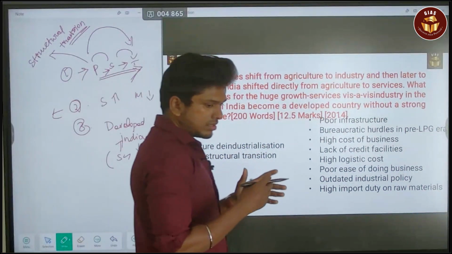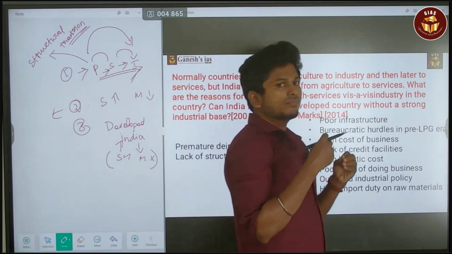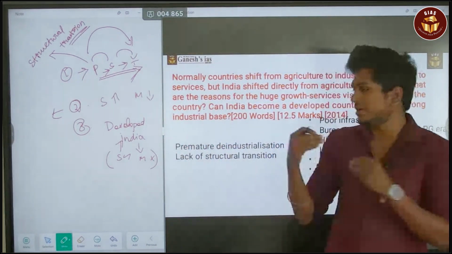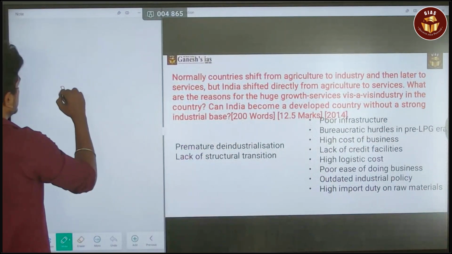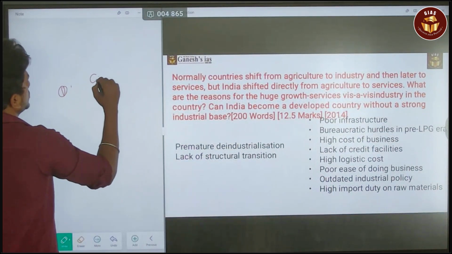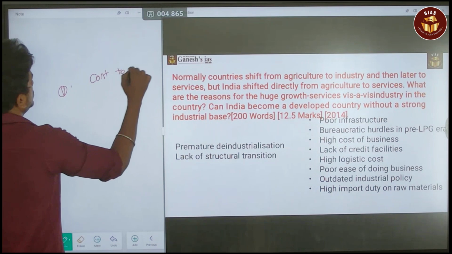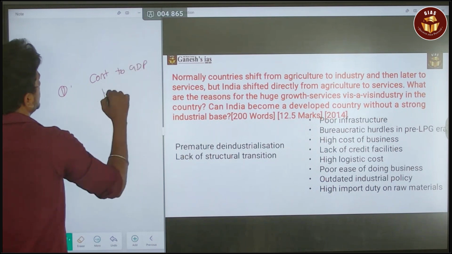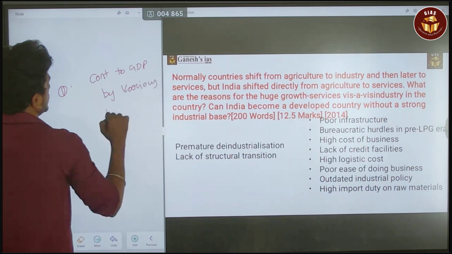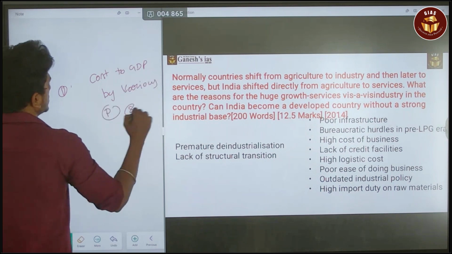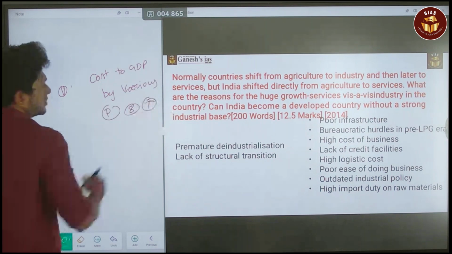So in this question, the factual data you must know to address it is, first, the contributions to GDP by various sectors, which means primary, secondary and tertiary.